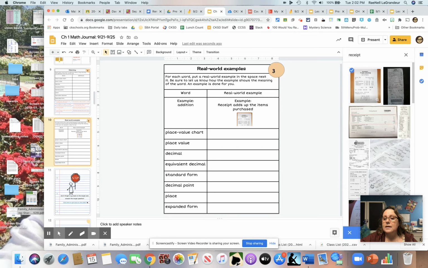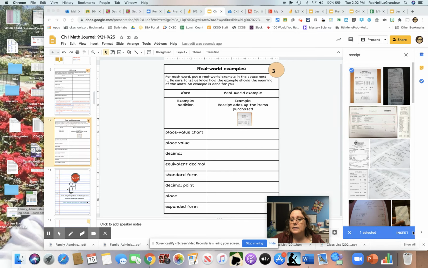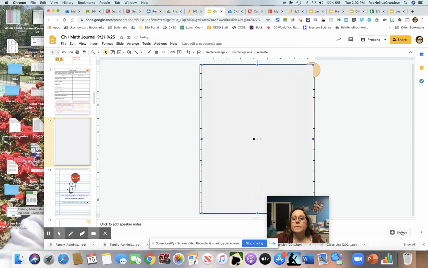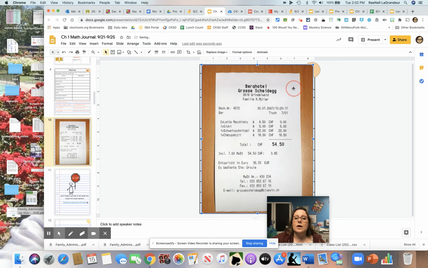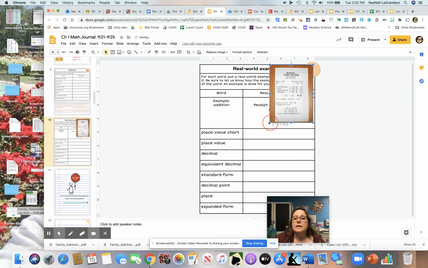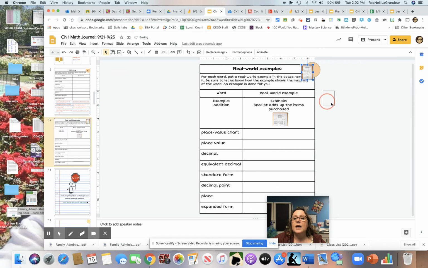I clicked it, and I clicked insert, and there it is. Now, obviously, it's super big, so I have to shrink it down to fit and find a place where I can put that. And so you can make your table bigger, and don't worry if it runs off the page.